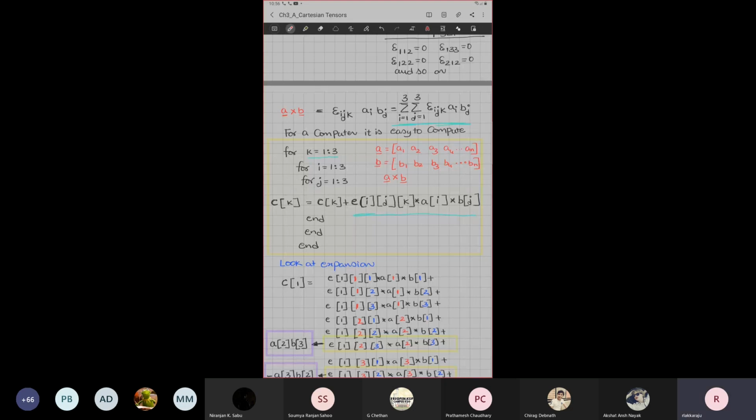And if we go with indicial notation for the computer, how easy is it to generalize whatever might be the dimension of a vector. Can you see the advantage in doing that?